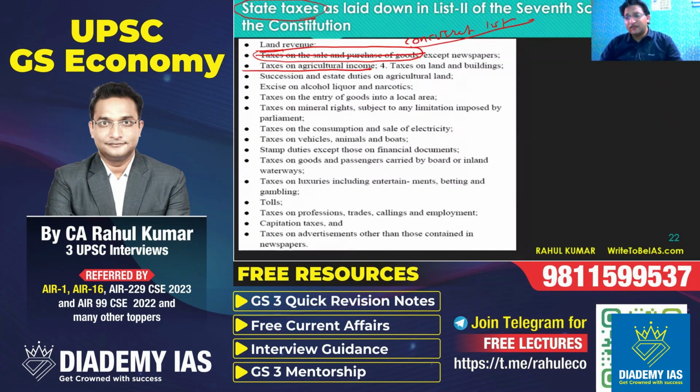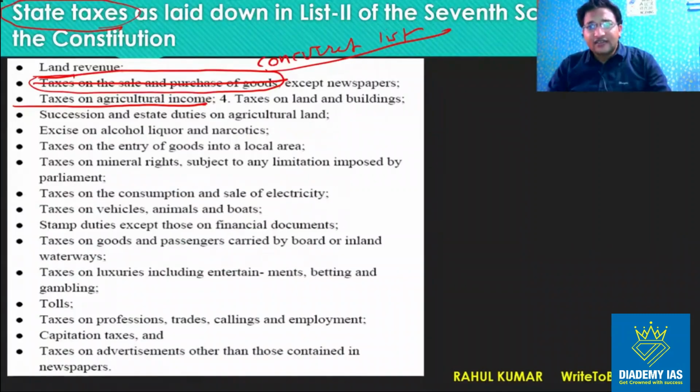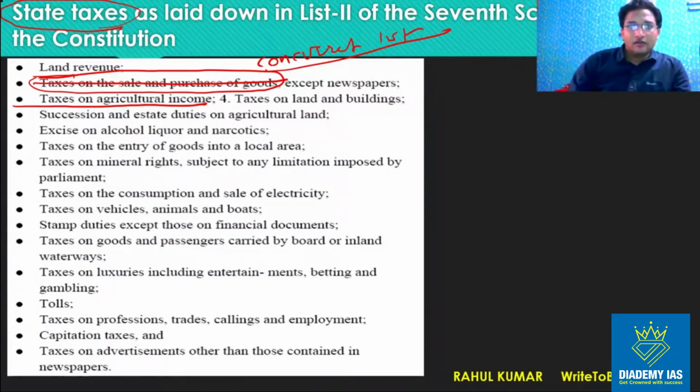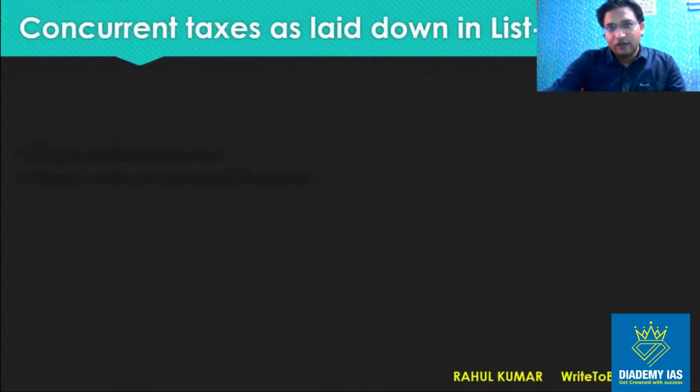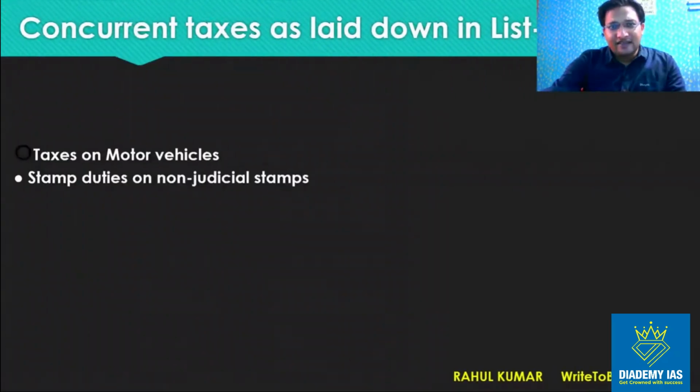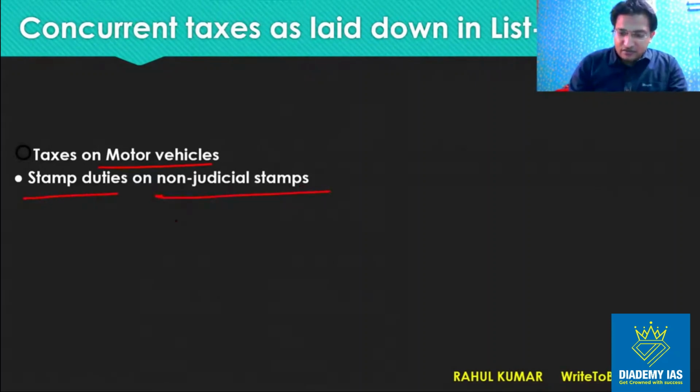We already discussed, when we discussed the chapter of goods and service tax, that these are some of the areas which have been transferred to the concurrent list. And then there are other taxes, you do not need to remember, you can read if you want. Then concurrent taxes, taxes on motor vehicles, stamp duties on non-judicial stamps.